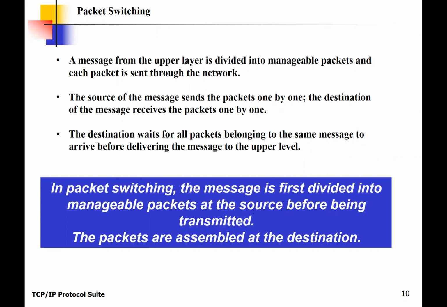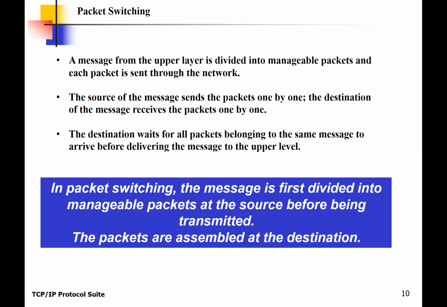All right. So the destination waits for all the packets together. Then what do we do? We build the message, put the message together. Because remember, I'm trying to send "I love Bridgeport." I will send "I" in one packet, "love" in another packet, "Bridgeport" in another packet.